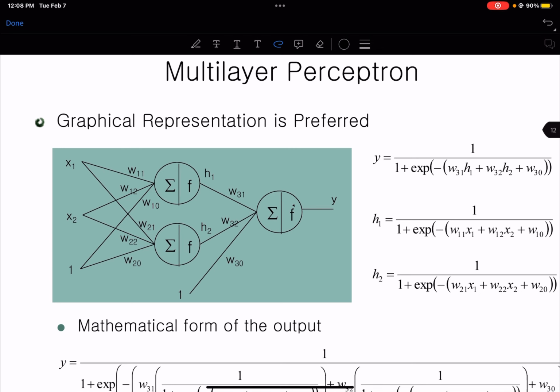And we discussed that each neuron has a summation part and a nonlinear function f, and we have a summation part and the function part. Here your h1 will be calculated by the summation part.